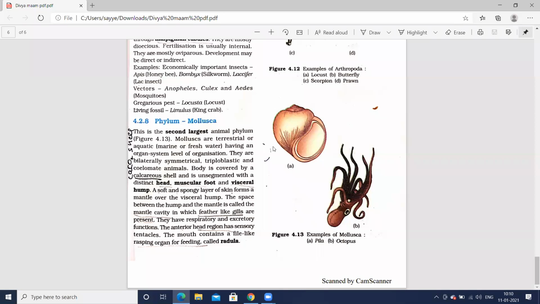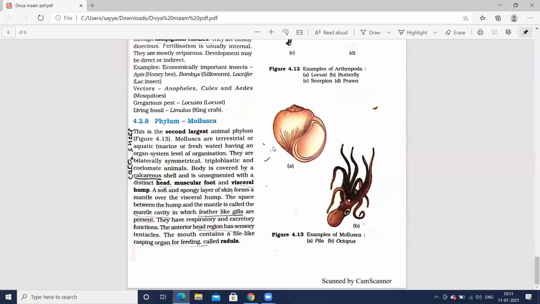Calcareous shell means made up of calcium. Calcium carbonate. Decide one. Ma'am, calcium carbonate.